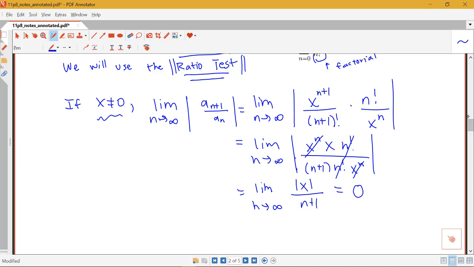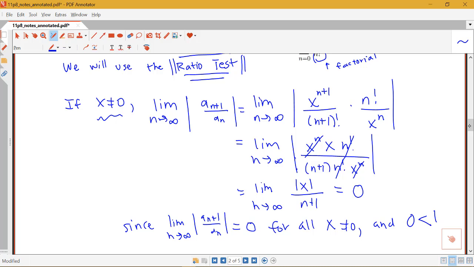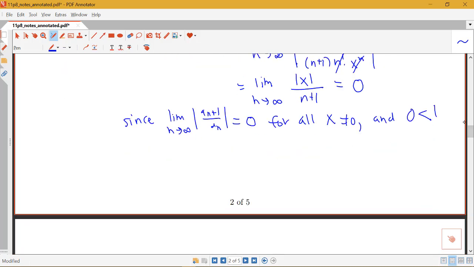So we can say, since this limit here equals 0 for all x except 0, but for all x not 0, and we know that that value is less than 1, then we can say that the series converges for all x.